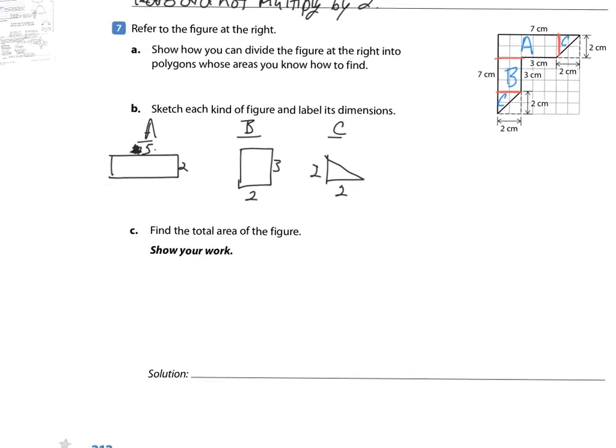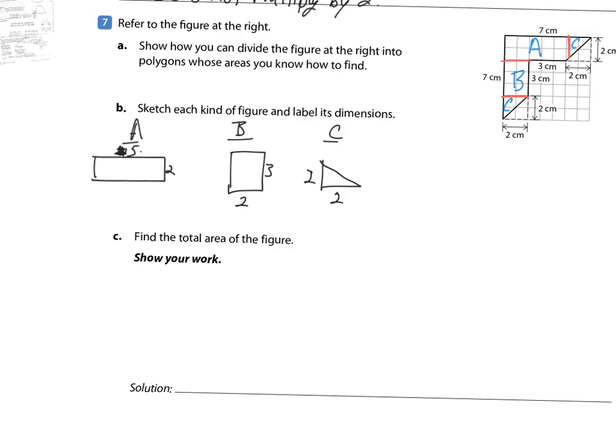Letter C, find the total area of each figure. So the area of figure A, 5 times 2, which is equal to 10. Figure B, 3 times 2, which is equal to 6. And then C, we got to use area of a triangle, so 1/2 times 2 times 2, or base times height, which is equal to 2.